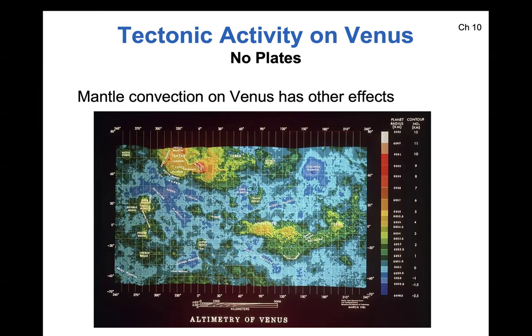And I know I've read various things about whether there could have been some plate tectonics. Is there any direct evidence of it? I think the jury's out on that, though there's certainly not any now. There's no way that there's active plate tectonics, no sliding around, no subduction going on on Venus.